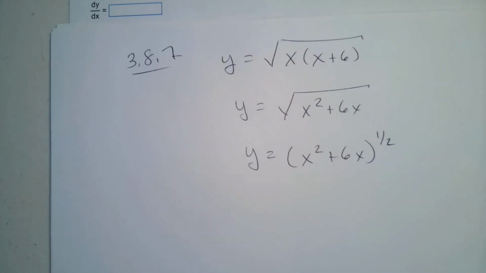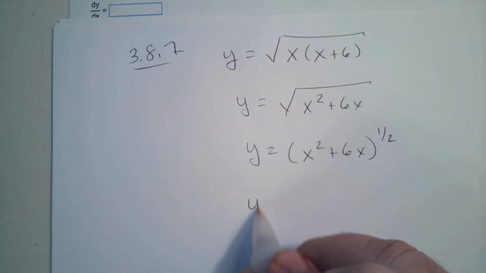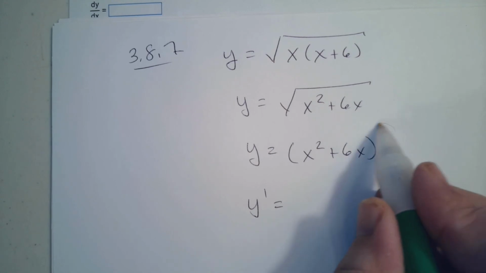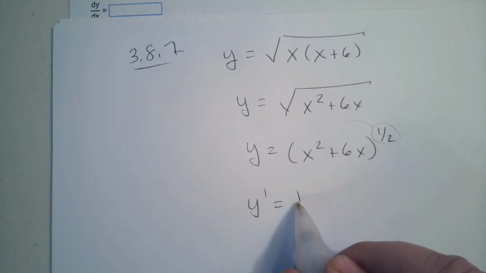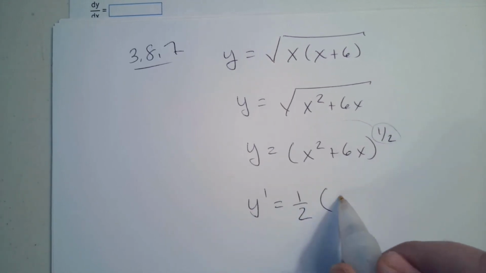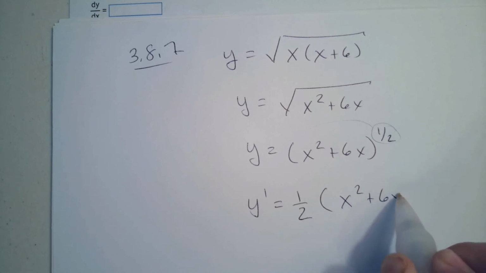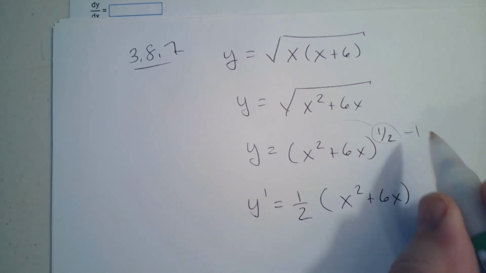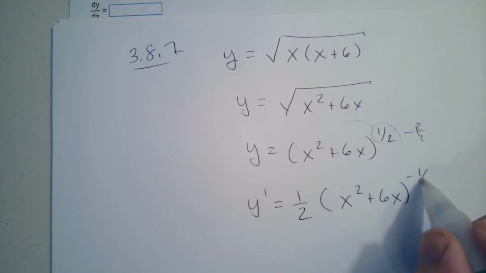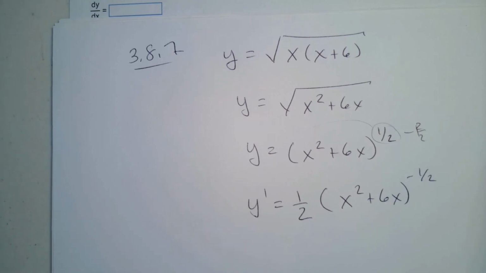That's what square root means. Bring the power down. So take the derivative of the outside first. So subtract 1. That's negative 1/2. Times the derivative of the inside. 2x plus 6.